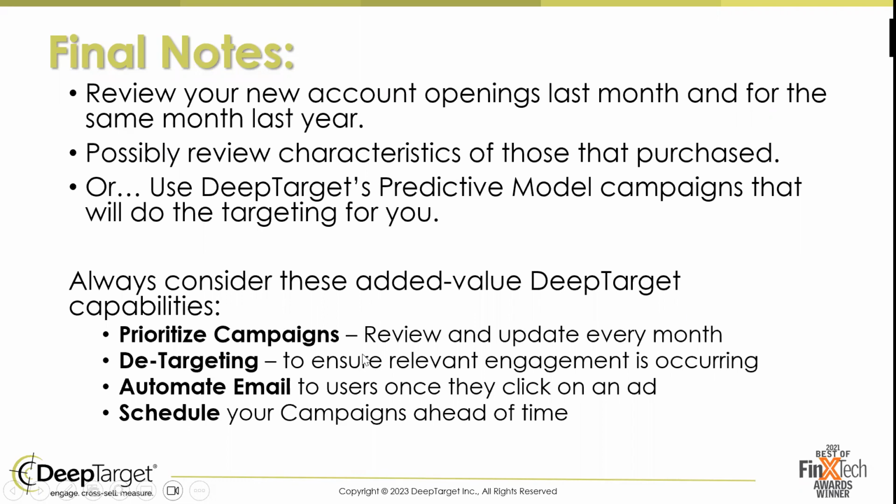You can prioritize your campaigns, so those that are super important will be the first thing they see. Use detargeting. If they don't click, have that ad turn off so it's no longer bothering them. Automate an email to users once they click on an ad so that there's some direct follow-up. We have that capability. And schedule your campaigns ahead of time. We have a full campaign scheduling environment for you, which makes it very, very easy to use.